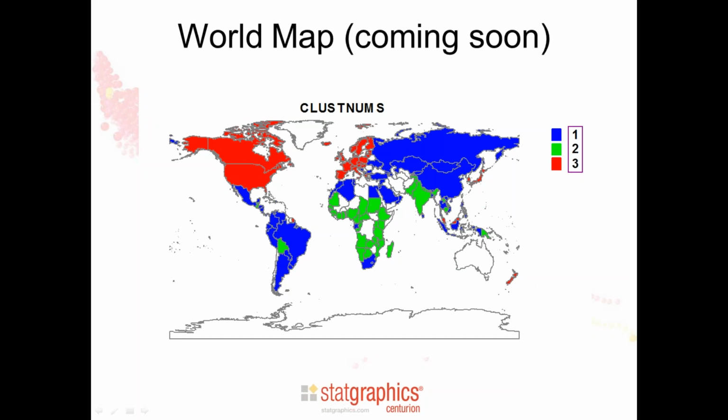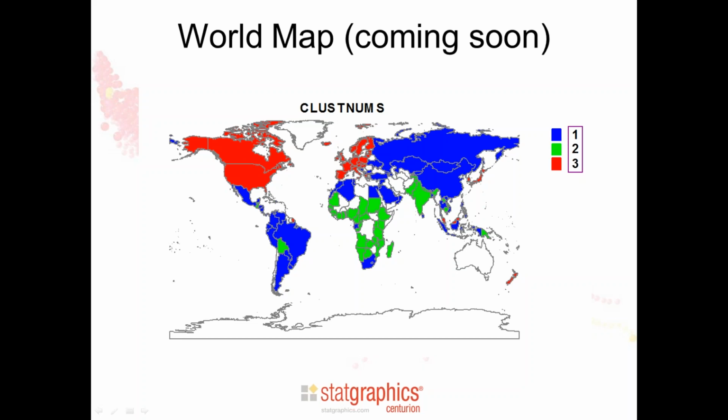The current version of Statgraphics only allows you to create maps using a couple simple map formats. We'll soon be releasing the ability to create maps using any shapefile. And that's going to actually greatly expand the different maps that we can create.